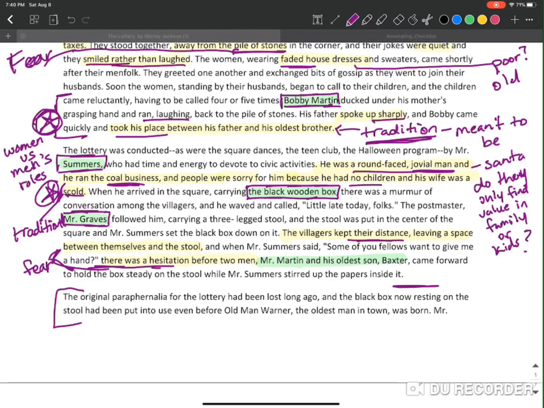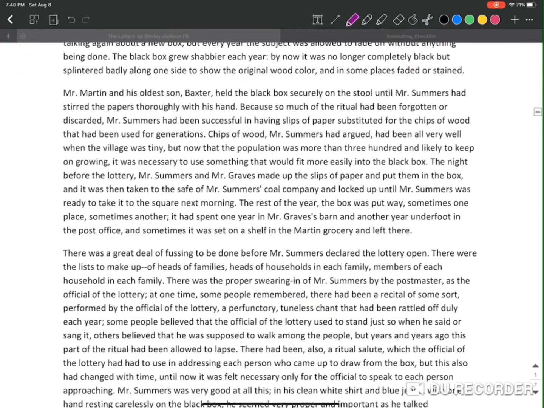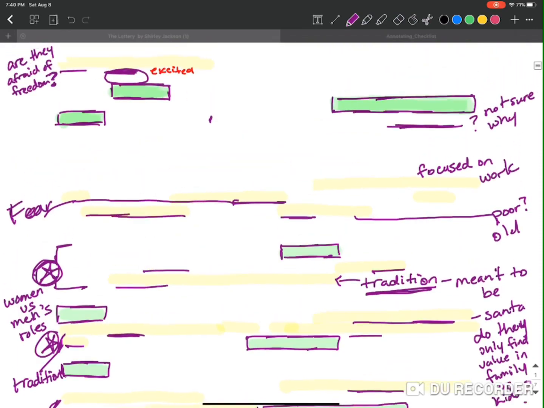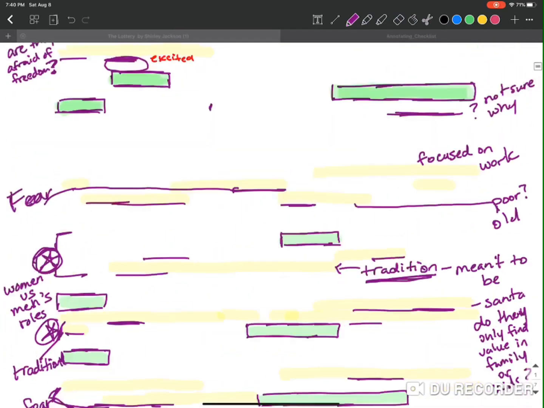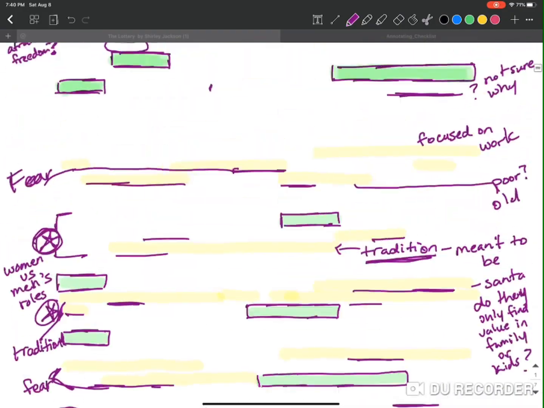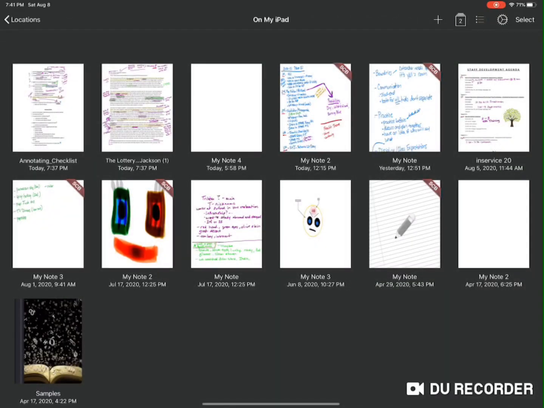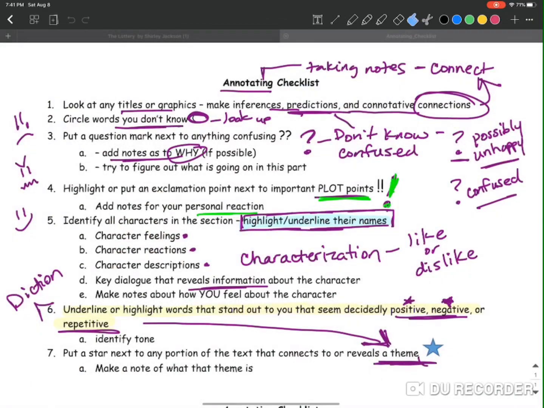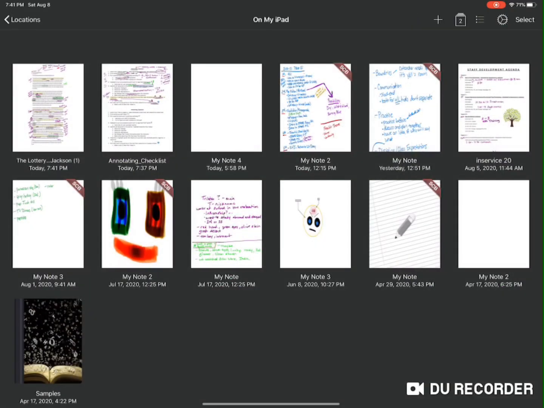All right, so I am going to leave you guys to it. Basically, I want you to continue to annotate the story. For our purposes today, I want you to annotate in the same way that we have annotated. Sorry, it does that sometimes. If you go out and come back in, there we go.